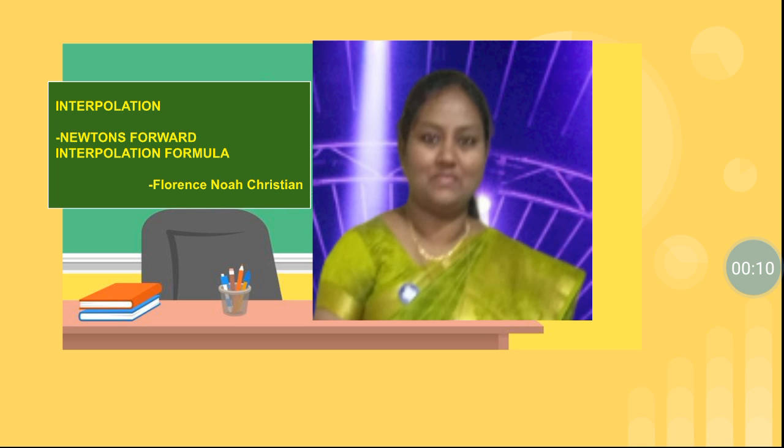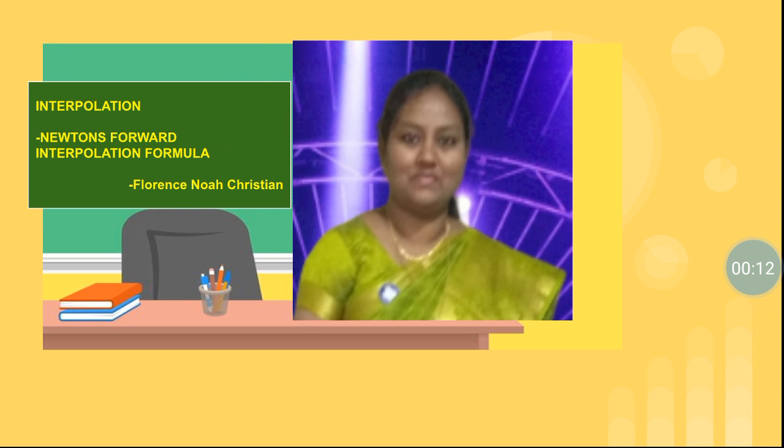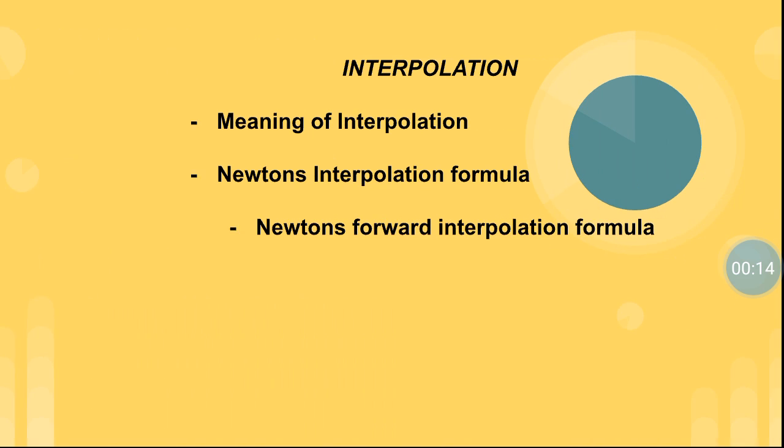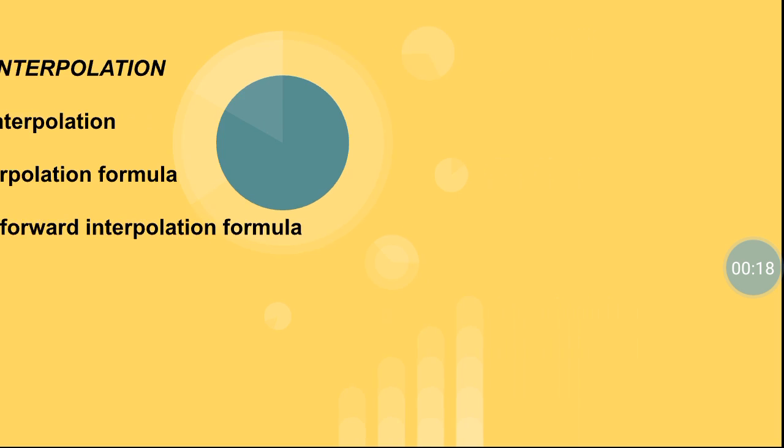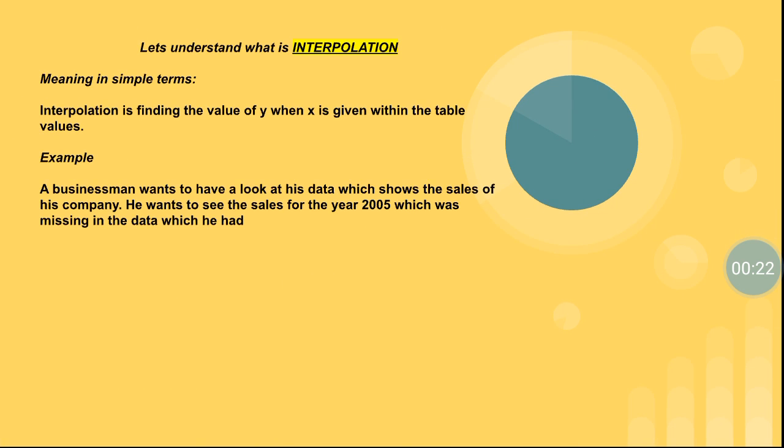In this session, we will be seeing what is the meaning of interpolation and how to apply Newton's forward interpolation formula. Let's understand what we mean by interpolation. It is the process of finding the value of y for the given value of x within the table values.